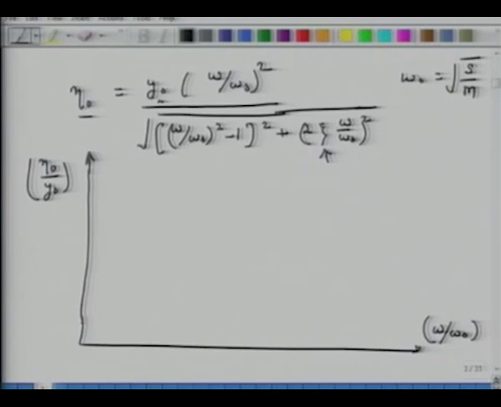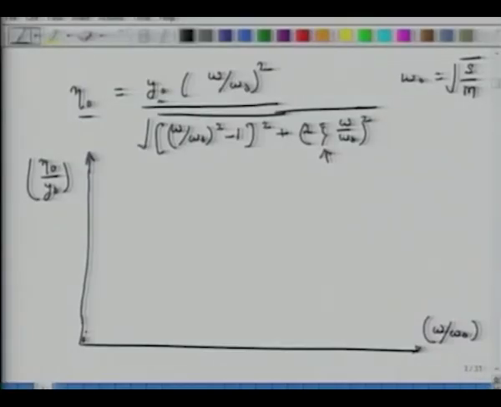I'll construct different curves for different values of eta, this term. For all these, all the curves start from origin, because when y naught is 0, then eta naught is 0 identically.